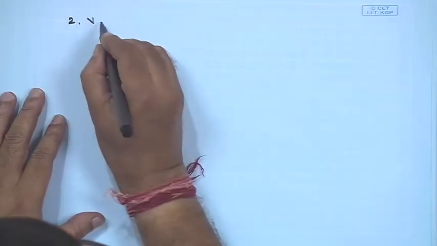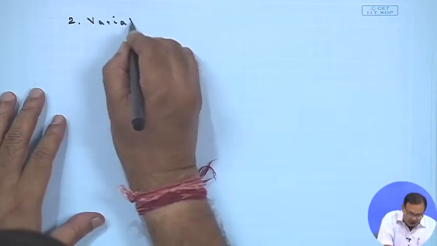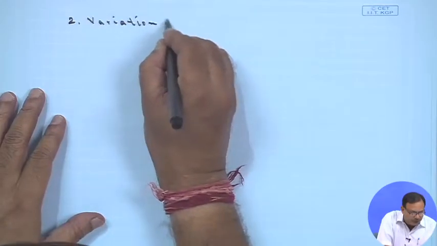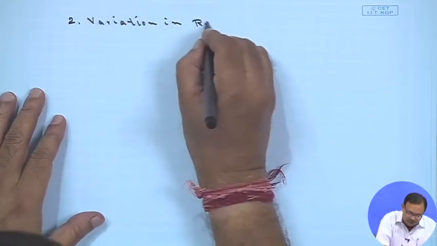Now, let us go to the next one, number 2, variation in the requirement vector.